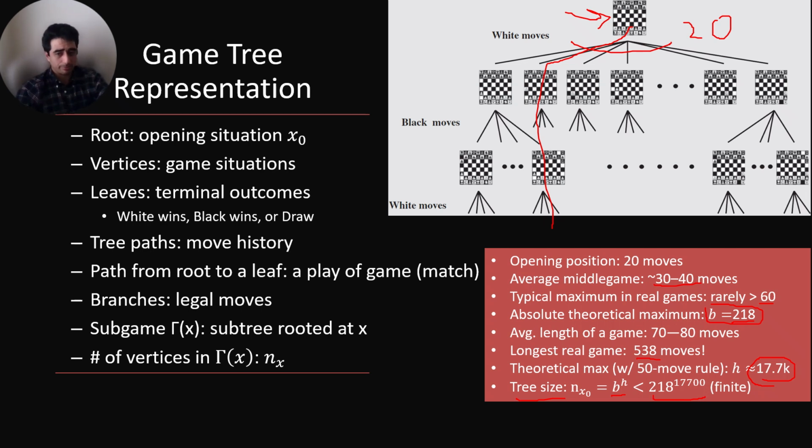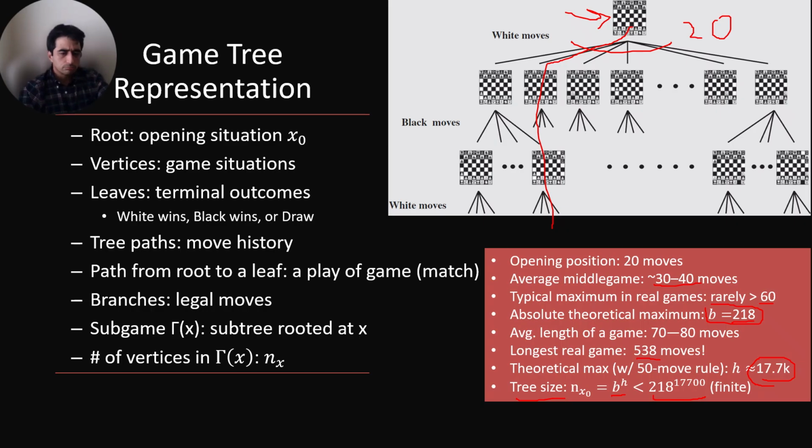It's a lousy upper bound because it's super large, but that shows you how big this tree is. But regardless of how big it is, it's finite. So we can study it, because it's finite with a finite height and finite branching factor. We can study it, right? But can you store it somewhere? No, this number is astronomical, and no computer can store the whole tree. It's ridiculously large.